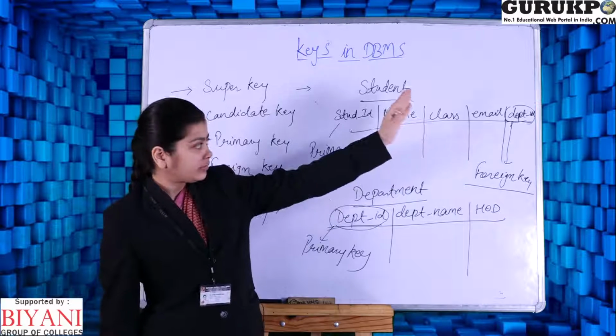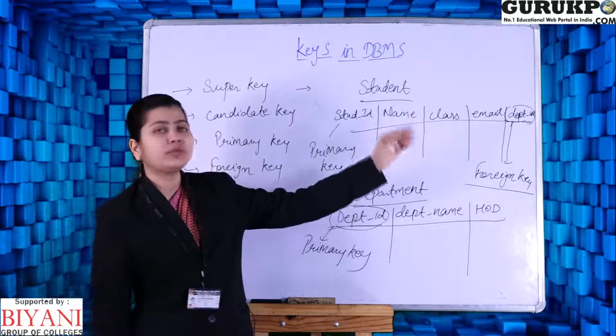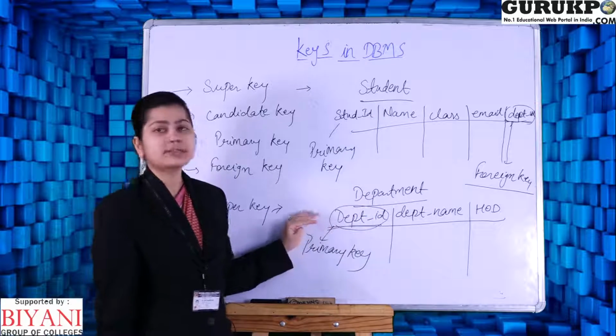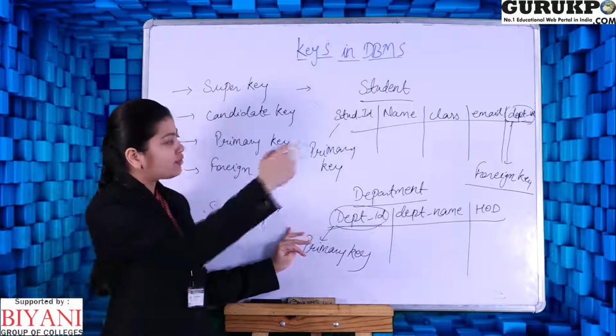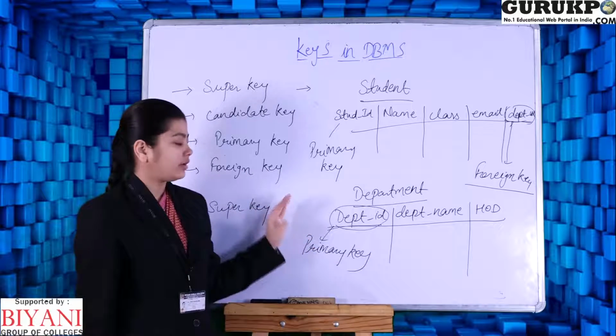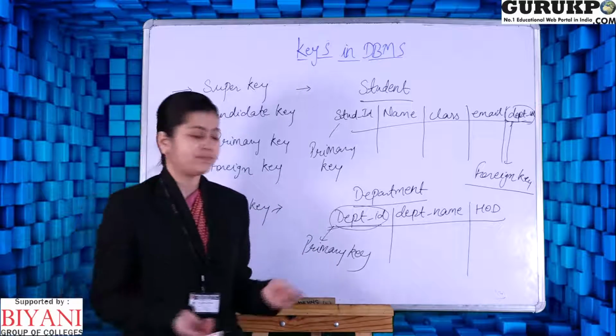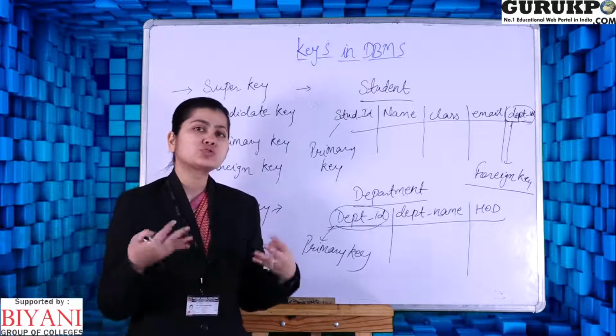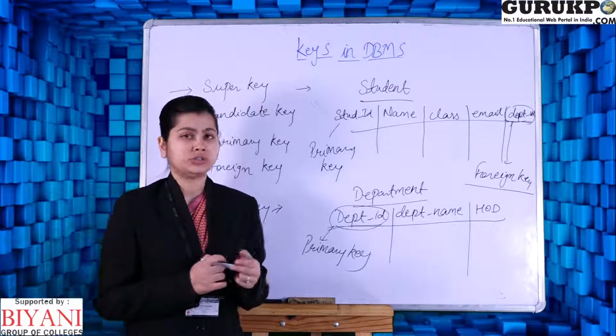In the student table department ID works as a foreign key, and in the department table department ID works as a primary key. This is the concept of foreign key. By using foreign key, we can easily link two or more tables with each other.